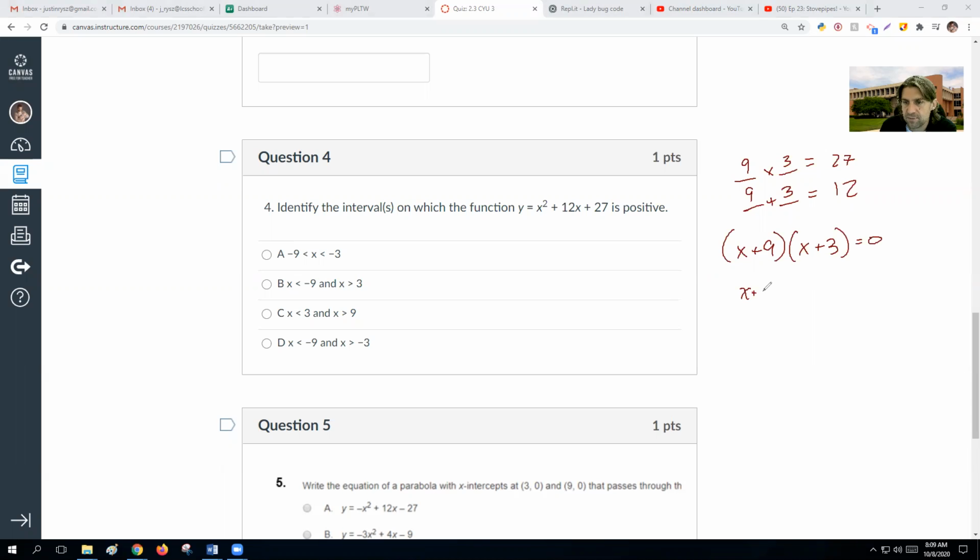And then that means x plus 9 equals 0, x plus 3 equals 0, and we would have x equals -9 and x equals -3. So those are our roots on our graph. So on a graph, we have 1, 2, 3, -3, there'd be a dot there, and 4, 5, 6, 7, 8, 9, there's another dot.